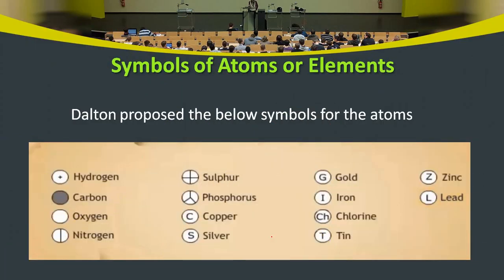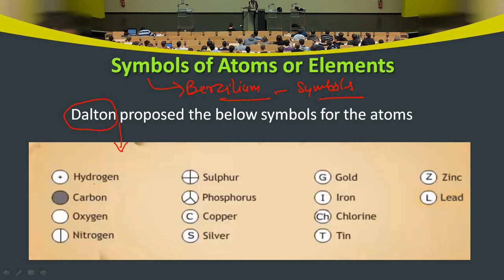Students, we know that in our class we are known by our own names, and everybody has their own name. If you go to the history of these symbols, first of all Virgilius gave the concept of symbols, but what is in the figure was proposed by Dalton, who gave different types of symbols for different elements.